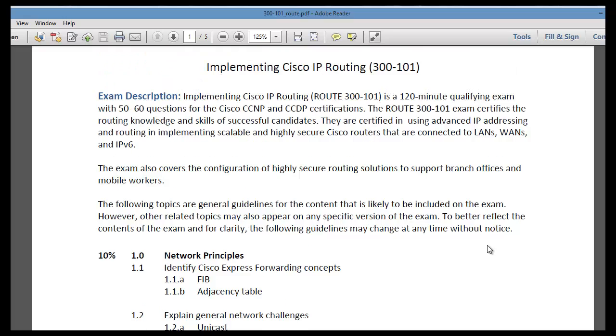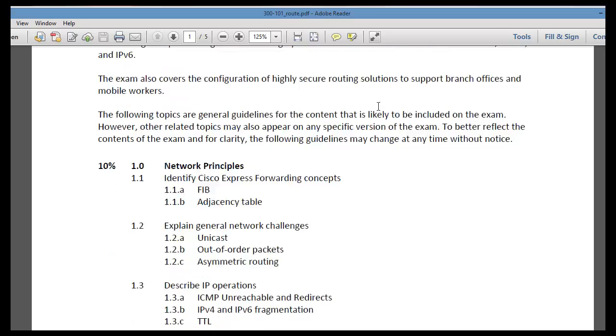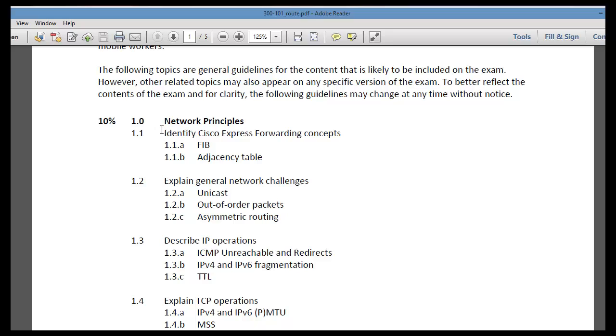This video is going to be part of CCNP 2.0, that is a new concept implemented in the Cisco CCNP ROUTE exam, that is 300-101 in 1. So at the very beginning you can see right there, a network principle identifies Cisco Express Forwarding concepts.